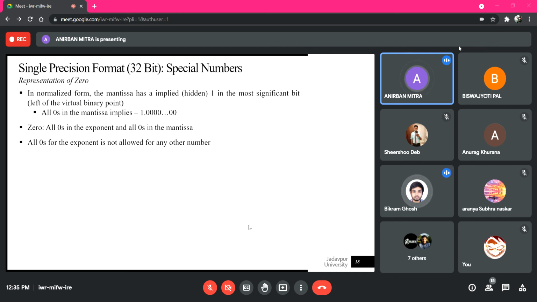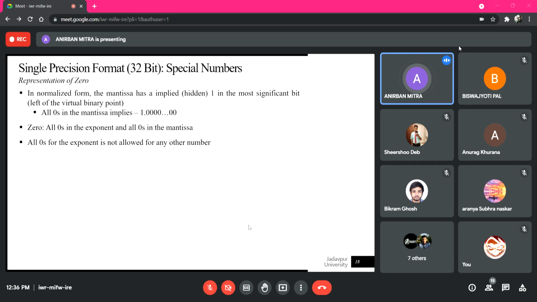That would, if you calculate this, it will not give you 0. Yes, sir. It is going to give you a finite value. But in this representation, it is forcibly mandated that if all the exponents are 0 and if all the mantissa are 0, that represents 0.